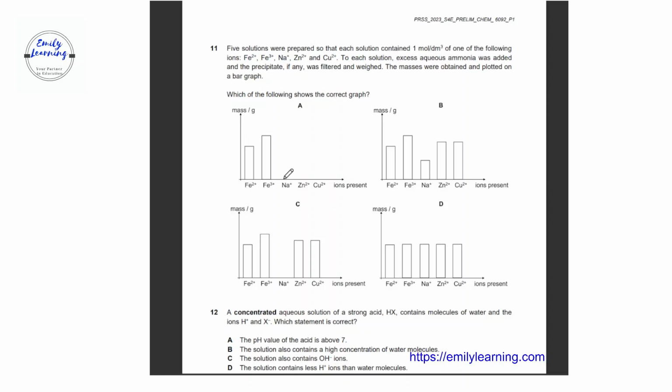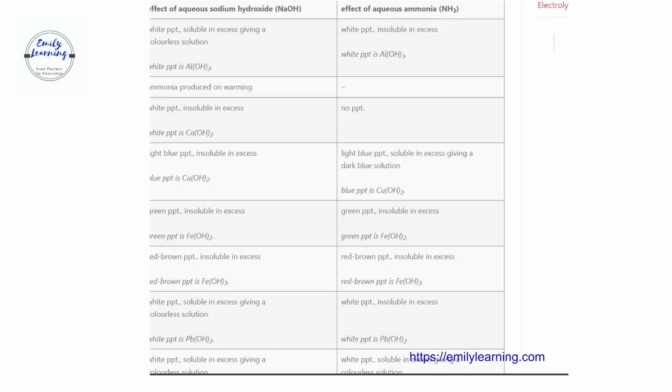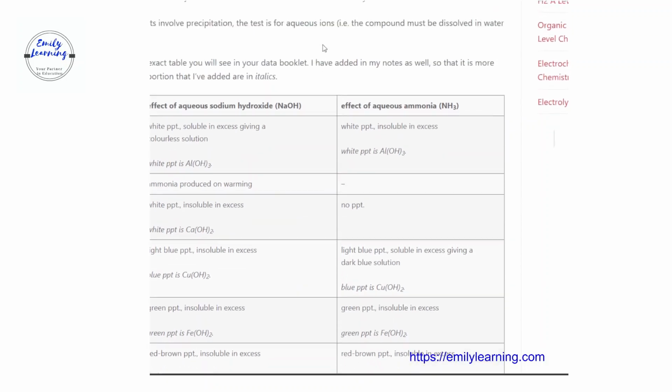But if it's insoluble in excess ammonia, it will still have a precipitate, so it will still have a mass, because this mass refers to the mass of the precipitate. Now let's take a look at the qualitative analysis for cations, which you need to remember for your O-level chemistry. Let's take a look at this website here. I'll provide you the link in the description.